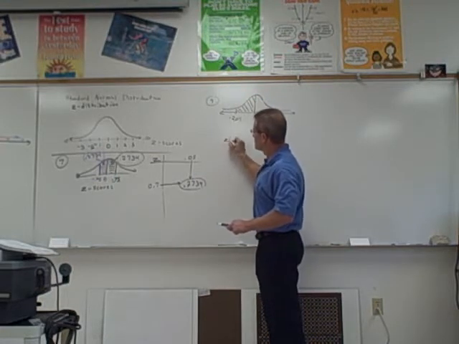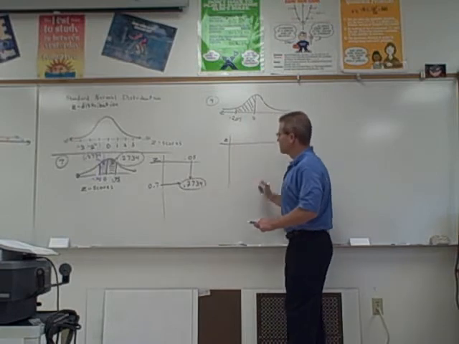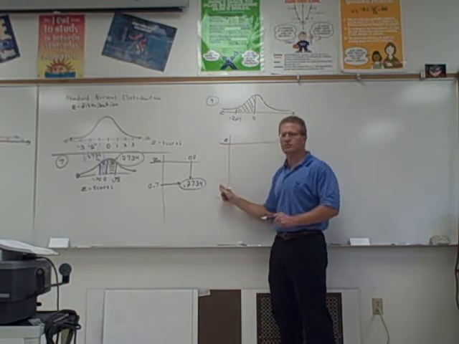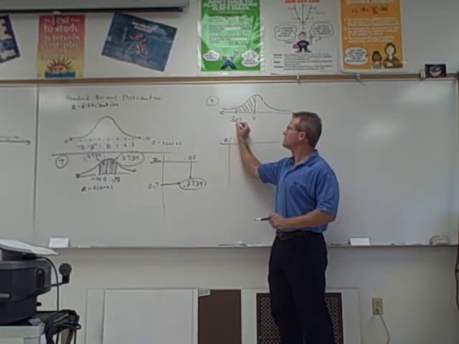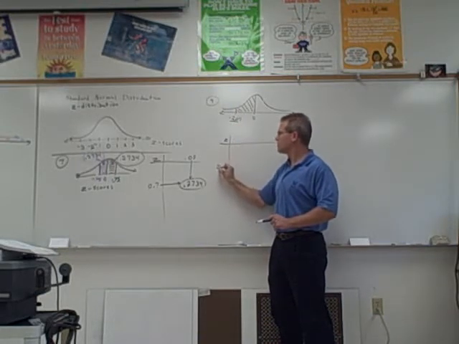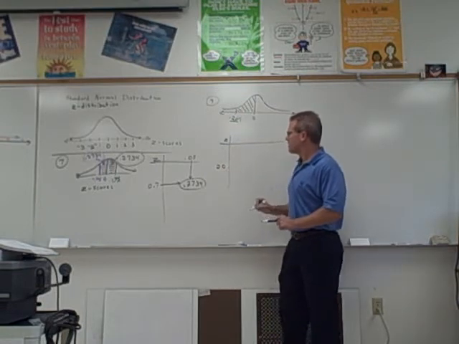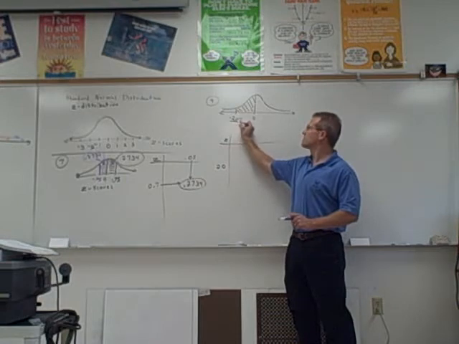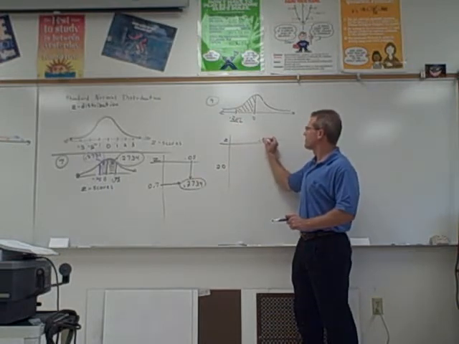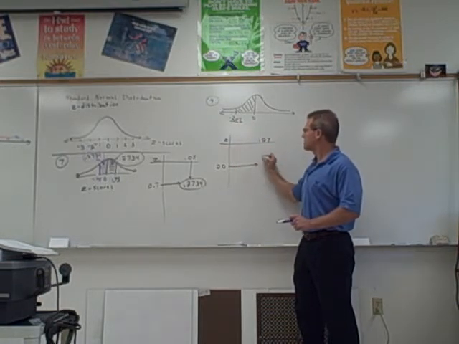So you go to your chart. On the left side, what number do I look for? 2.0. Look at your ones digit and your tenths digit. So 2.0. Then at the top, look at 0.07. That's coming from your hundredths digit. Go across, come down.